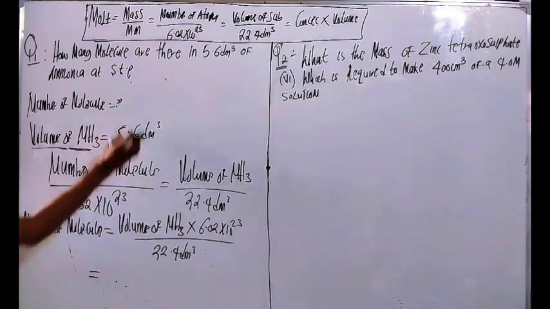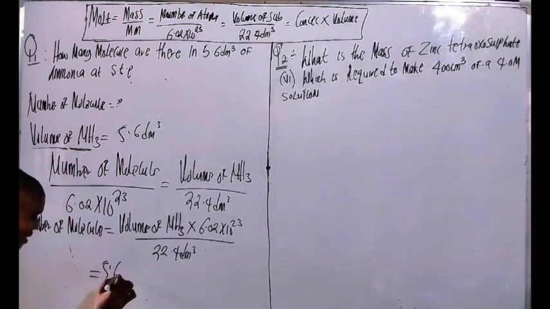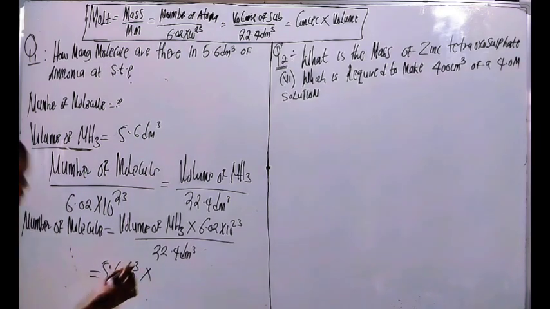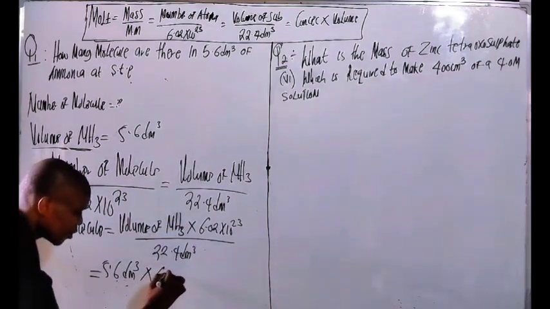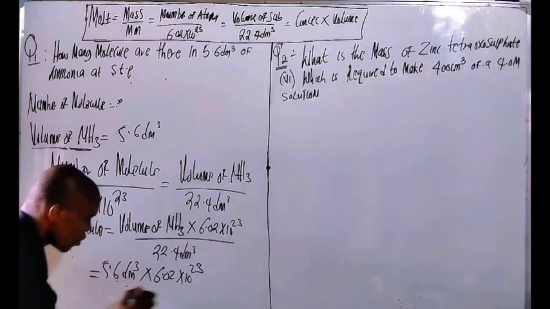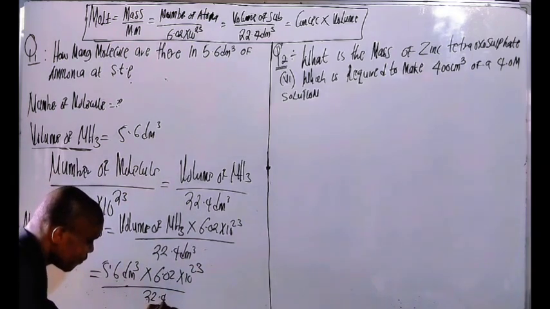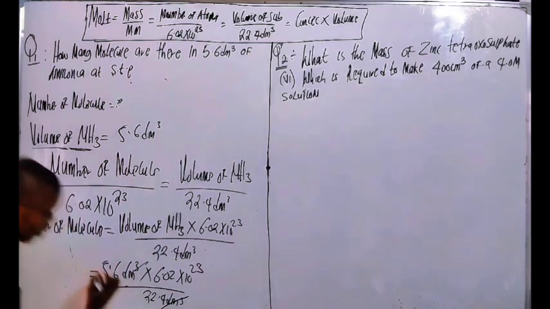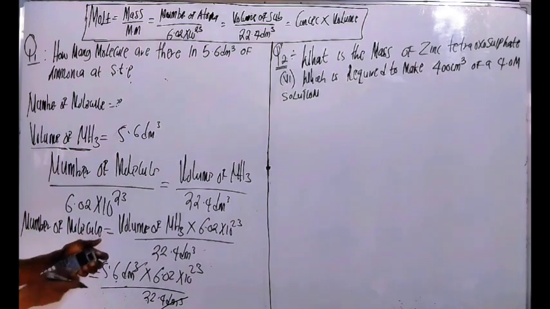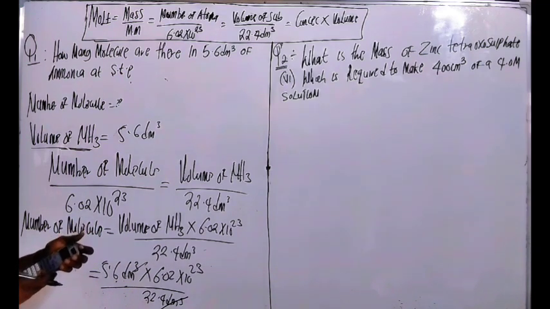If I input this one here, it's going to be 5.6 dm cube times 6.02 exponential 23 over 22.4 dm cube, right? The dm cube cancels out here. So here it's going to be 5.6 times 6.02 exponential 23 divided by 22.4.